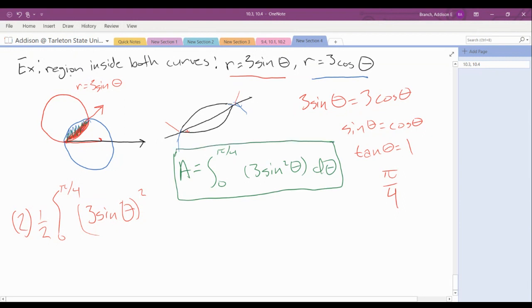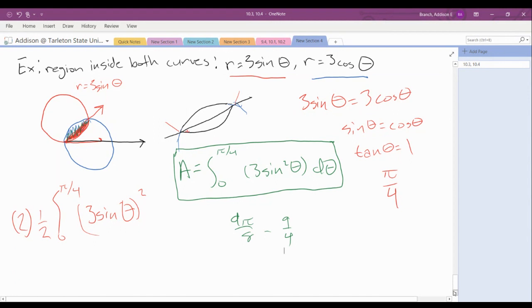So I would look at them and see which one has the easier bounds whenever you're doing this. And if you want to solve this one at home, I believe the answer should be 9 pi over 8 minus 9/4.